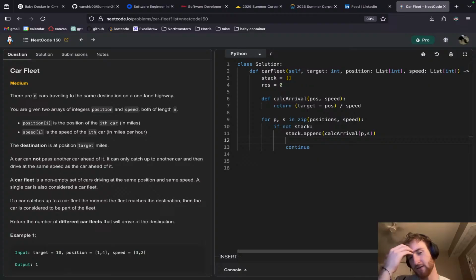Do we even need a stack for this, actually? Because anytime we encounter something that's later is when we're going to clear our stack.